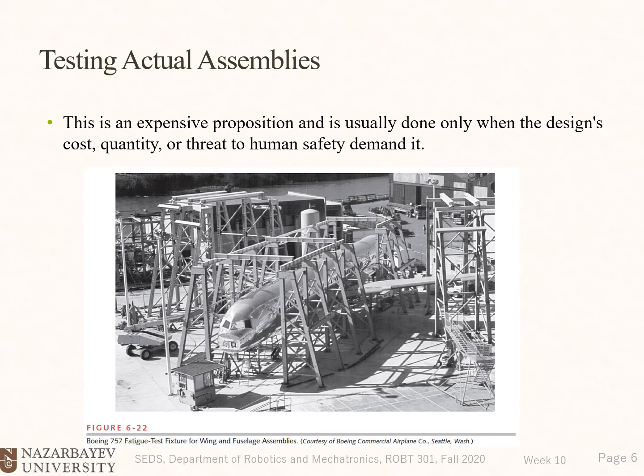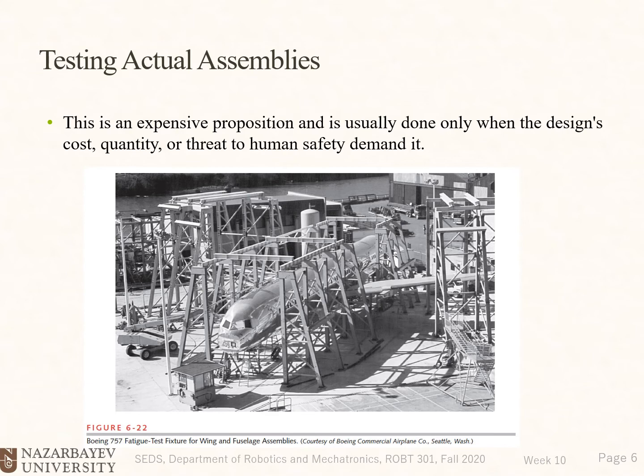And this is an expensive proposition and is usually done only when the design's costs, quantity, or threat to human safety demand it. So mostly for expensive transportation aircrafts and for trains, they will do these tests.